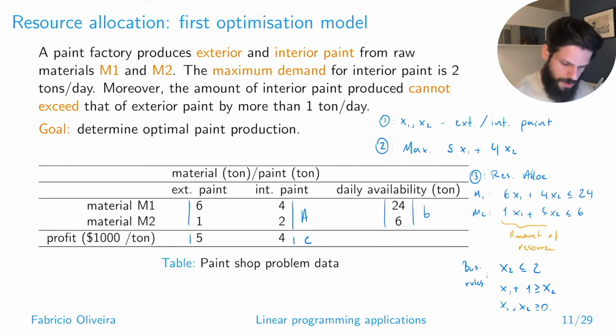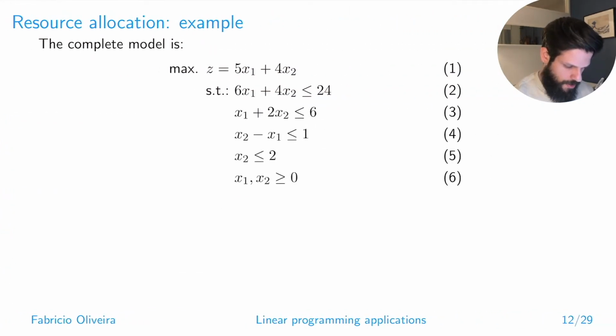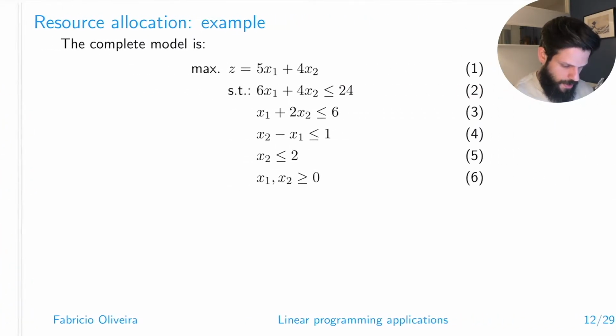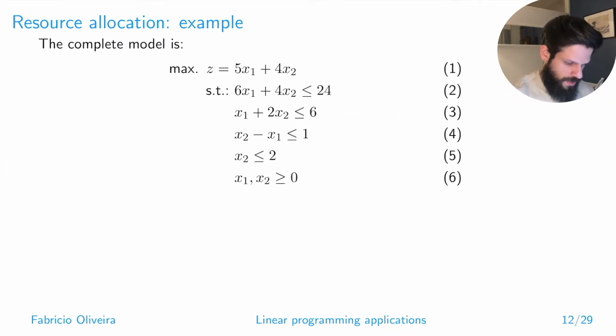So this is what I have here. This is written in a more standard format with the variables on the left hand side instead of the right hand side, but this is the same as what we had with x2 less or equal than 1 plus x1. Right? So this is our model right there: the resource constraints, the business rules, and the requirement of being non-negative.